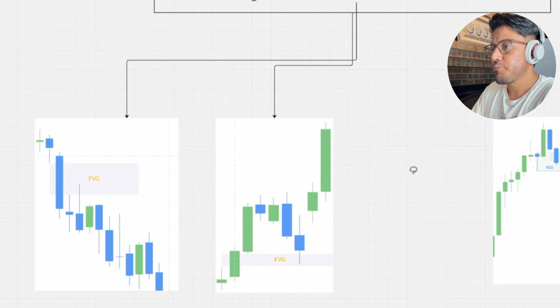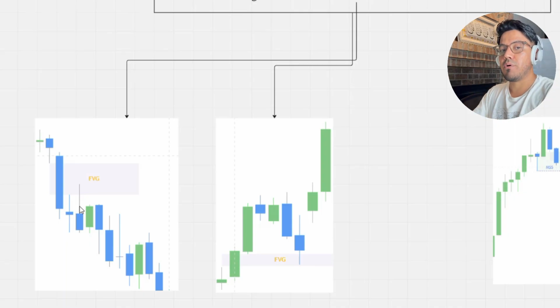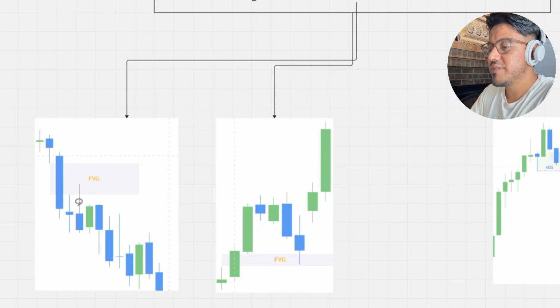FVG is a price vacuum caused by imbalance, where the market is likely to come back, tap into this internal range liquidity, and then reverse. So basically the price is filling the gap, or we say balancing the imbalance.